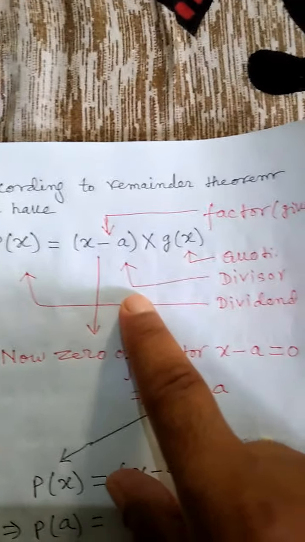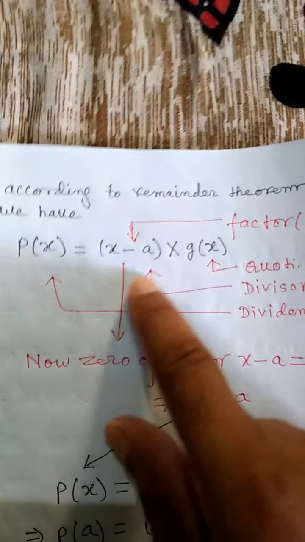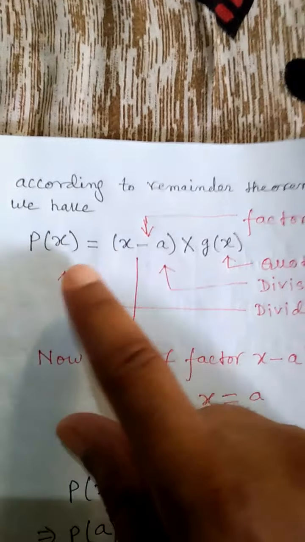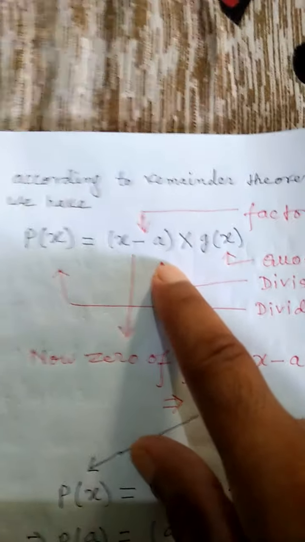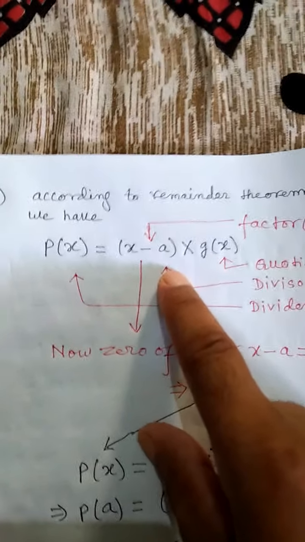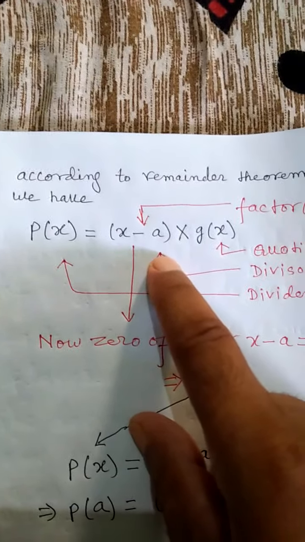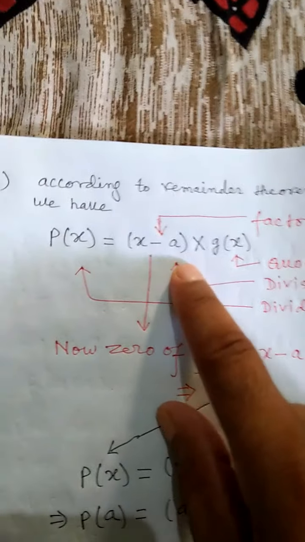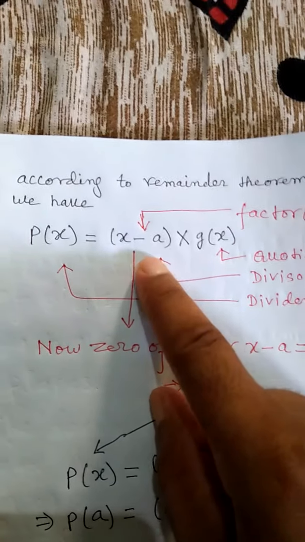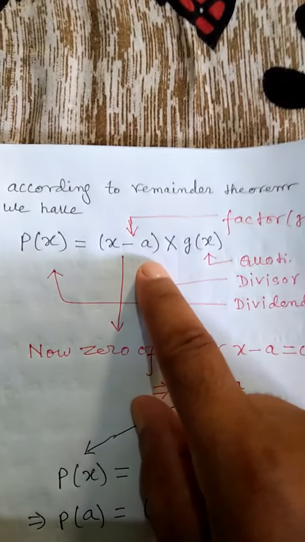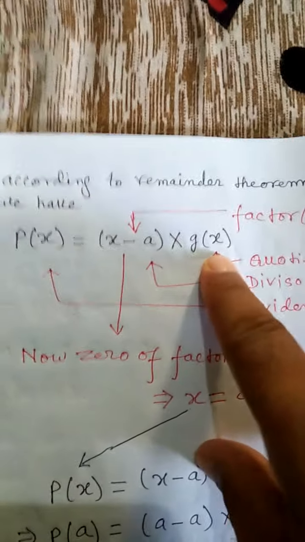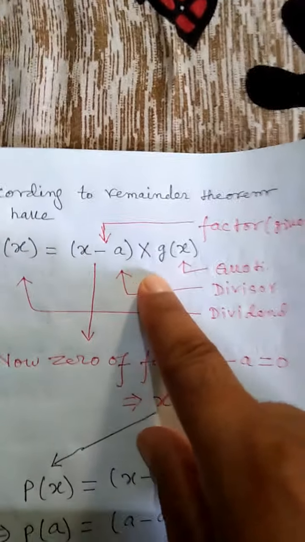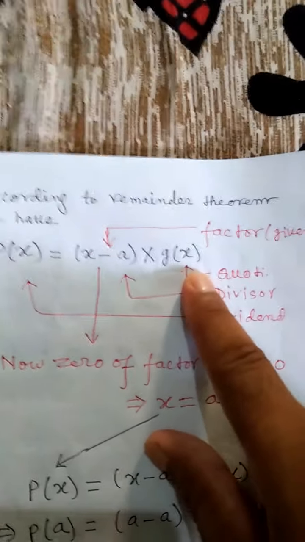According to the remainder theorem, when we are going to divide this P(x) by x minus a, I found there the zero of this x minus a. Its zero will be calculated by equating it to 0. x minus a is equal to 0, then the value of x is equal to a.